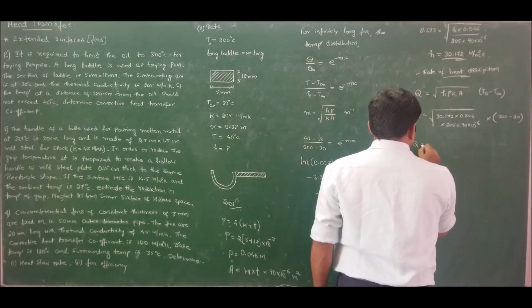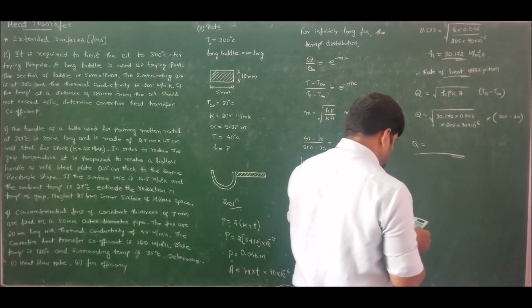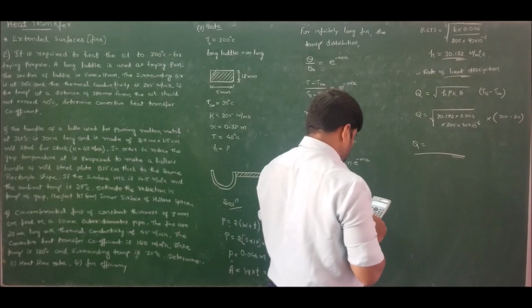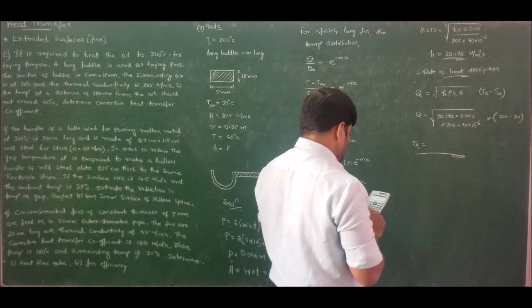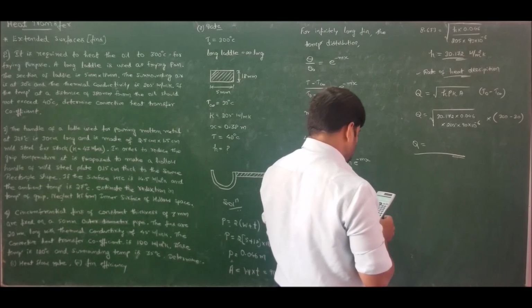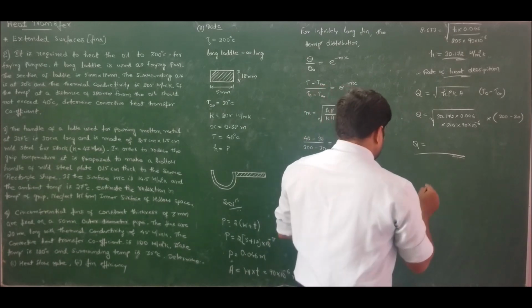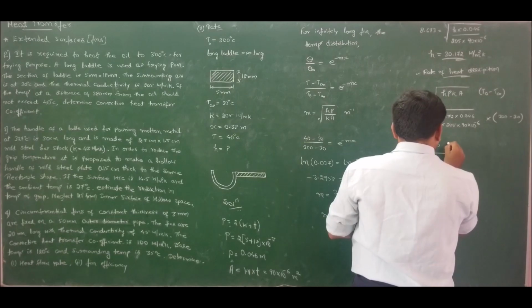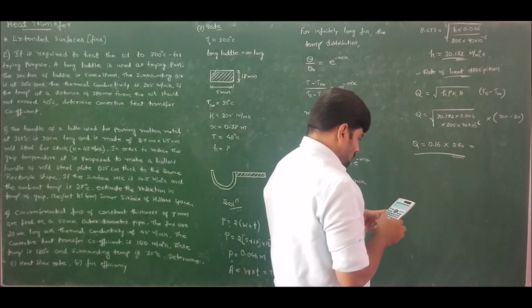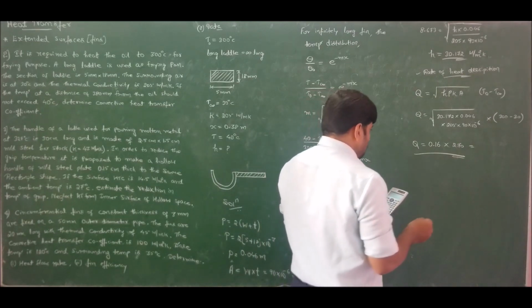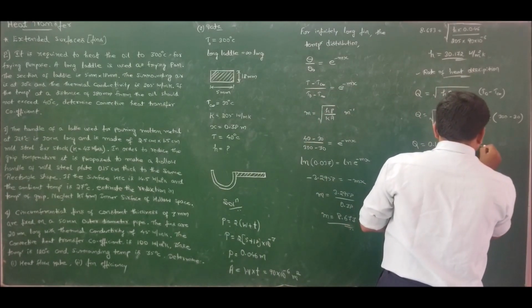So therefore the rate of heat transfer in watts will be root of 30.172 into 0.046 into 205 into 90 into 10 to the power of minus 6, which is 0.16, into 270, which is nothing but 43.2 watts.